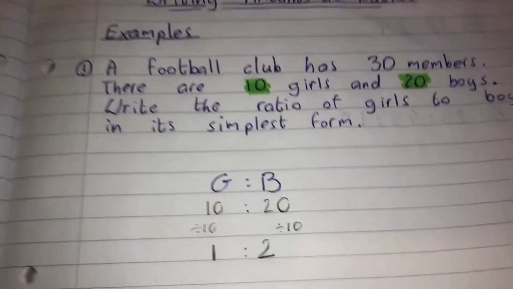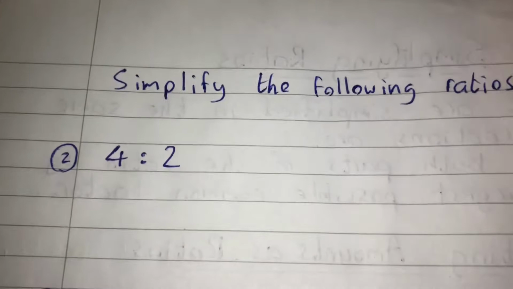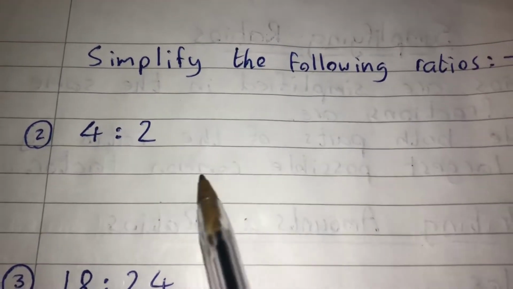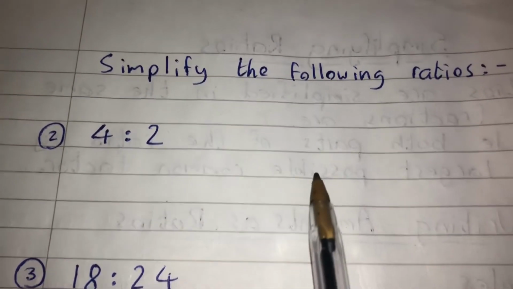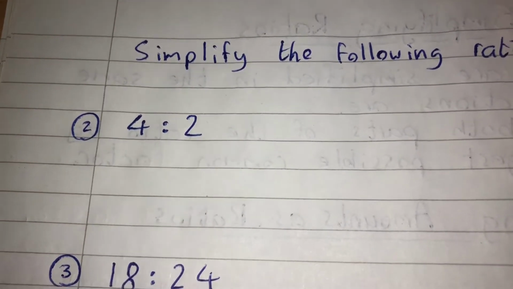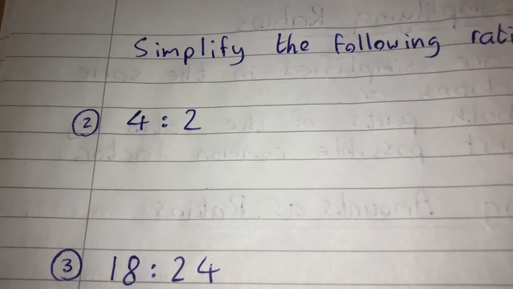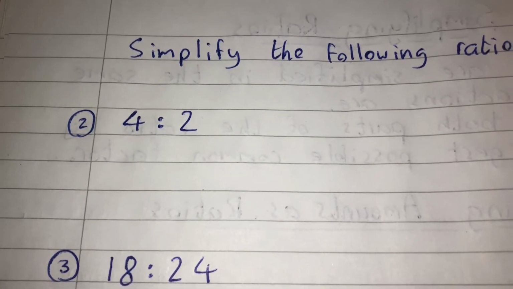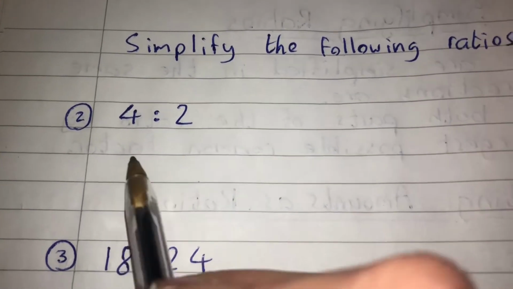All right. A couple of other basic examples, because today we're only going to look at how we simplify ratios. And again, as I've explained earlier, it's done in the same way that we would simplify a fraction. We're going to simplify the following ratios. If I was asked to simplify the ratio of 4 to 2, that could be anything, it's not a written question, but we will, as the videos progress, look at written questions and more challenging ones, perhaps to do with ingredients in food and so on.